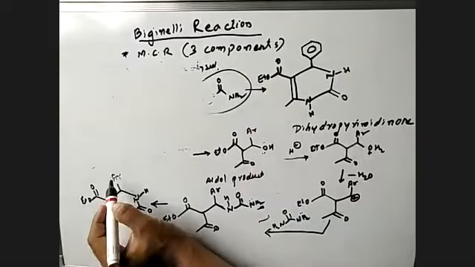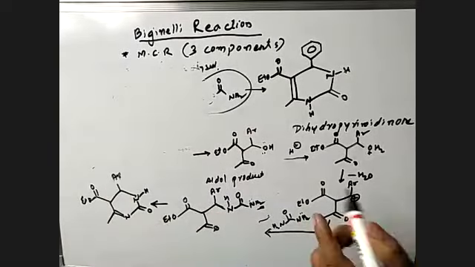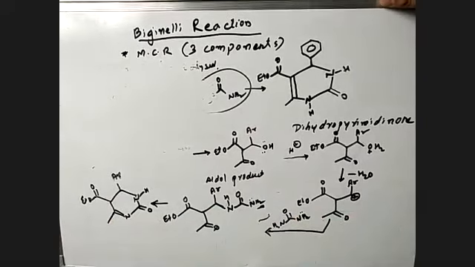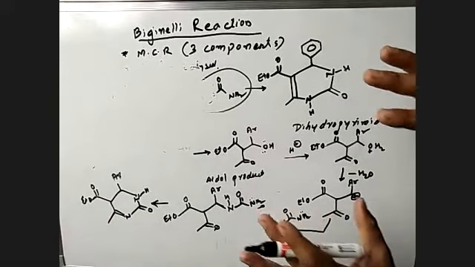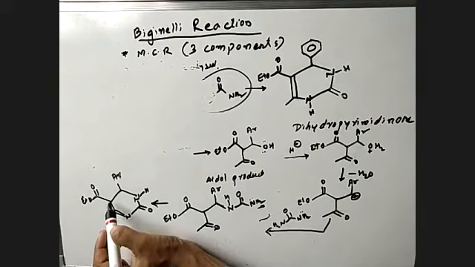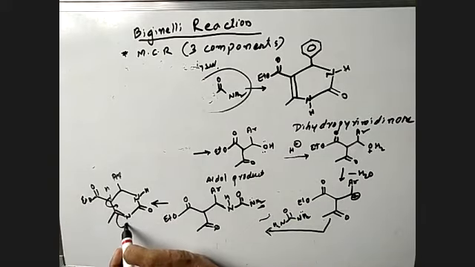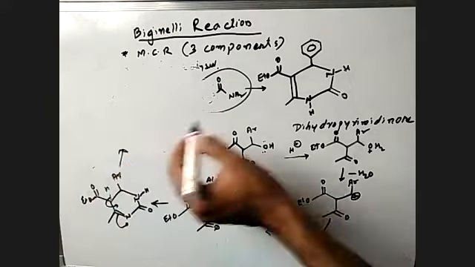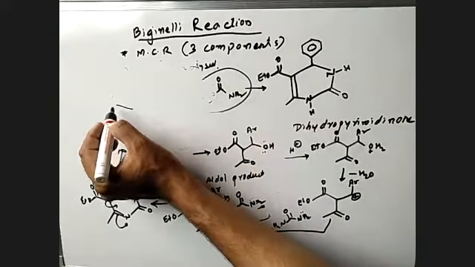How? We know alpha beta unsaturated carbonyl compounds are more stable. So this hydrogen will shift, bond like this. This bond opens up. That will take this proton. And the final product is this one only. So again, we can write here.